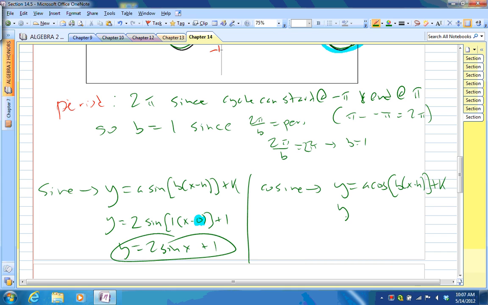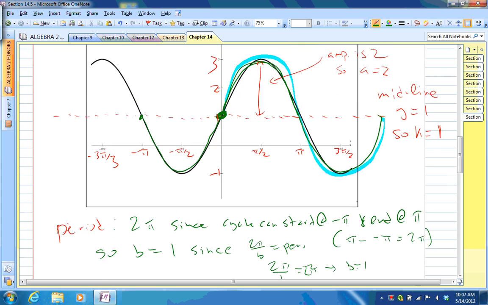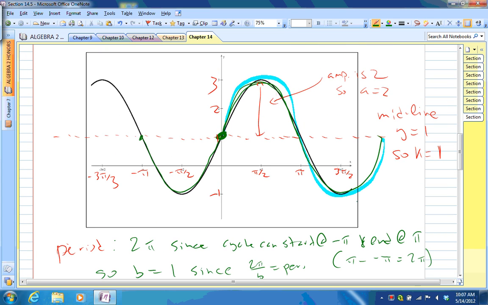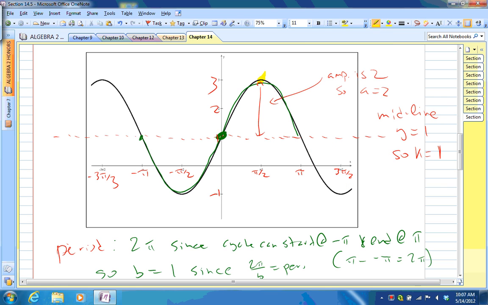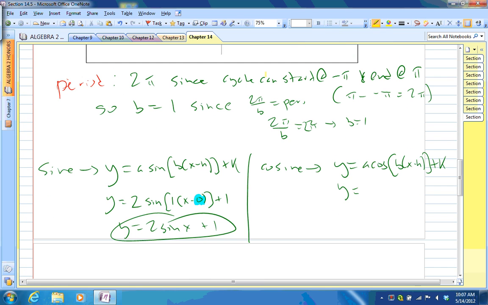Now for the cosine, we probably could start, say, right here. Let me erase the turquoise. So say I start right here, at the peak. Since I'm starting at the peak, our A will be positive.